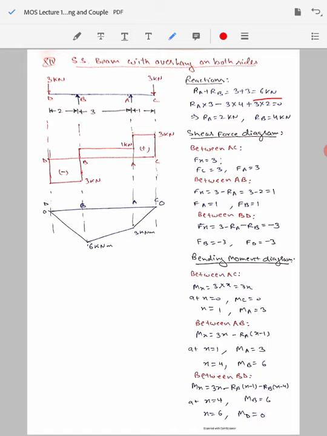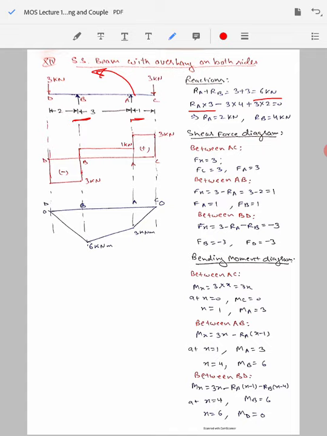Now the second relation between the reactions RA and RB can be obtained by using the moment equations. So let's take the moment about the support B for all the forces and the reactions. So the support reaction RA is acting at a distance of 3 meter from the point B, so there will be a moment of magnitude RA into 3 which will be acting in an anti-clockwise fashion.